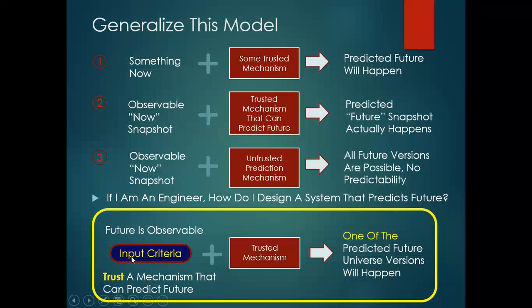So my input criteria are the future is observable, and we have a trusted mechanism that can predict the future, and then we go through the trusted mechanism, then one of the predicted future universe versions will happen. I will elaborate on that in future charts. So within the yellow line is the system I'm going to design if I want some kind of system that can predict the future.